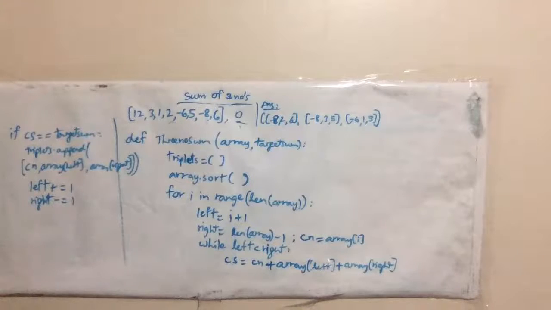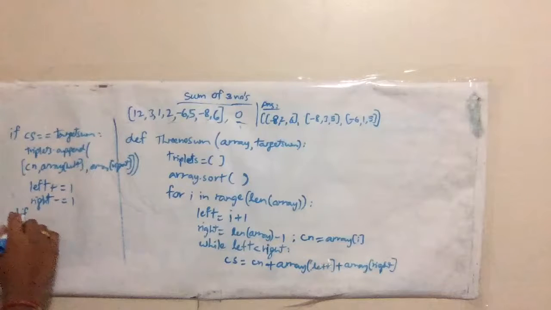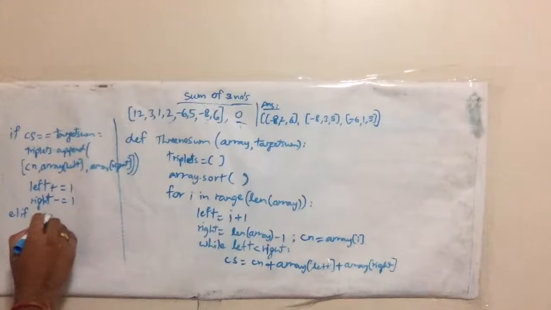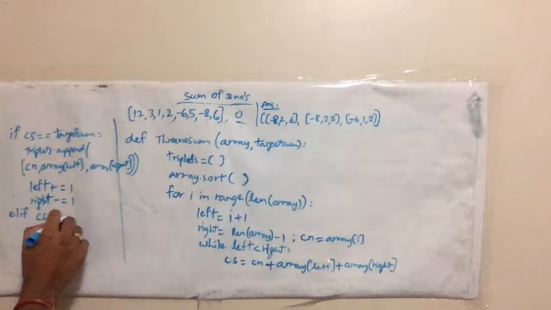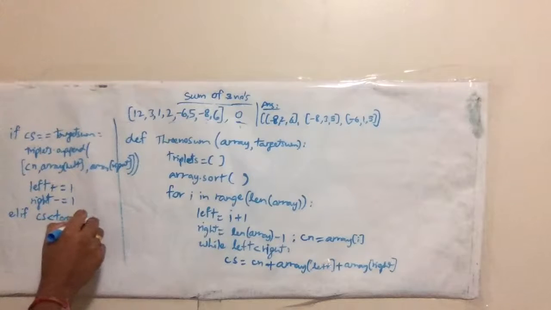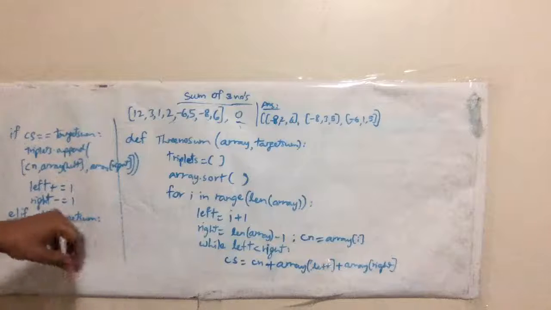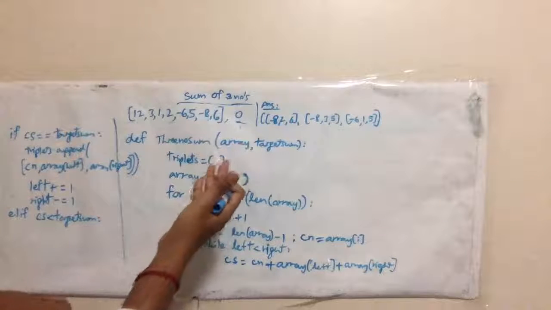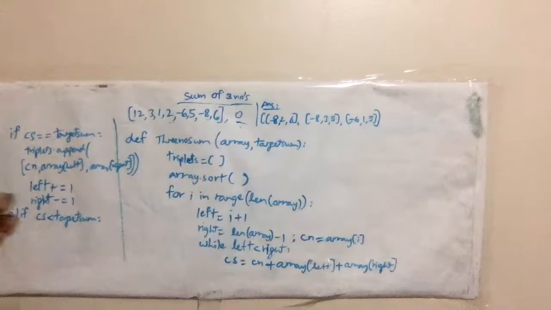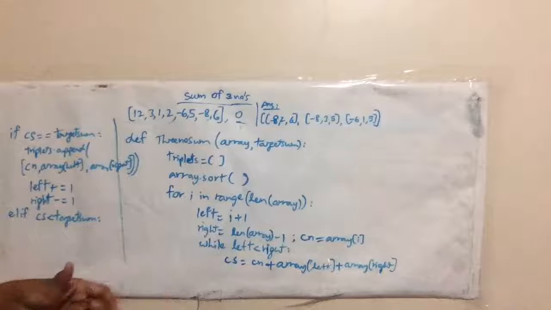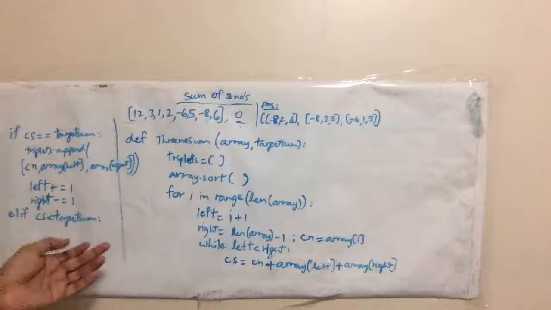So what if it is less than? If the current sum is less than the target sum, say what we got is less, like -2, and the target sum is 0, you need to increase the number. How can we increase the number?